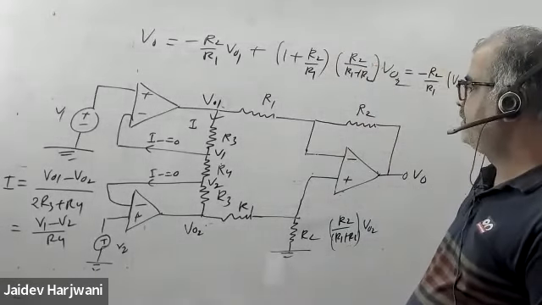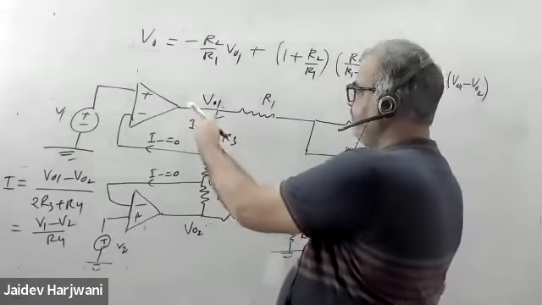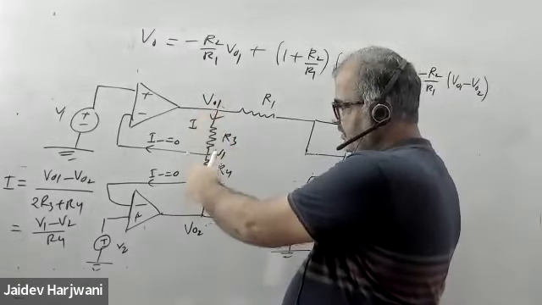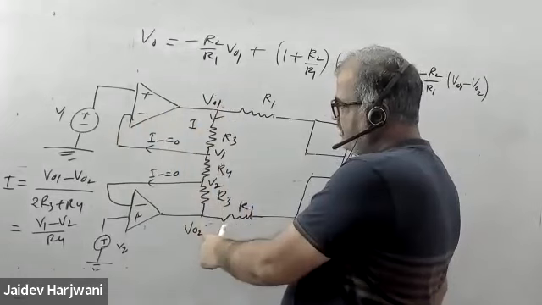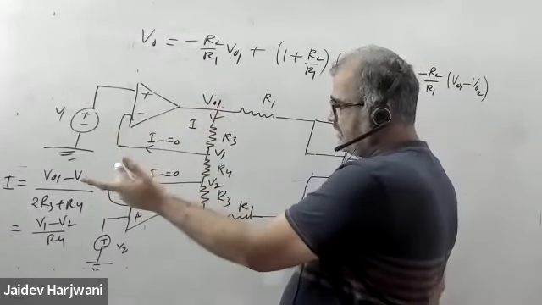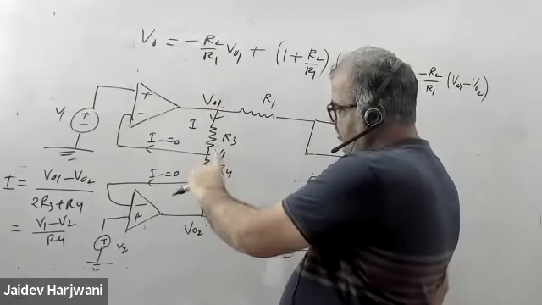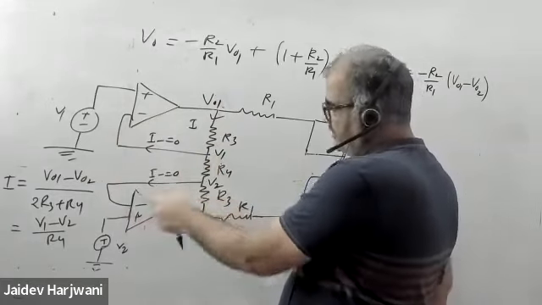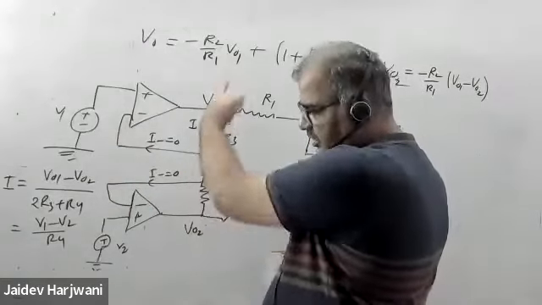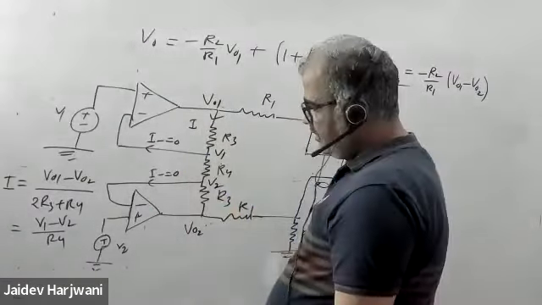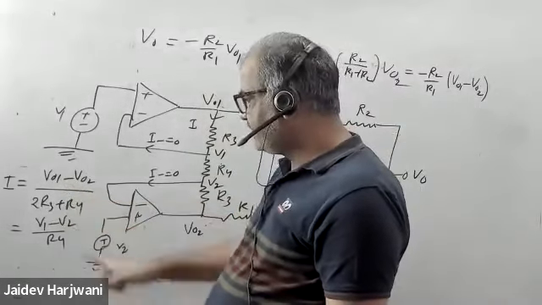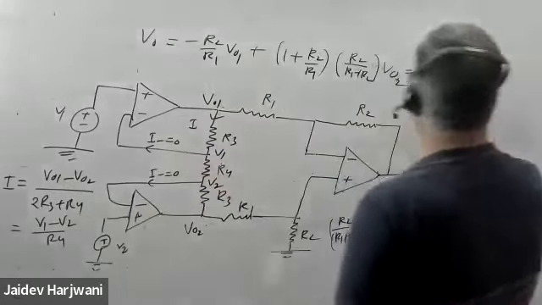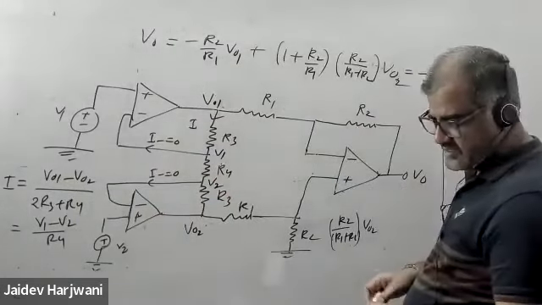In this side no current is going, that means across this resistance you are getting a potential difference and current. Similarly, across this resistance you are getting the same current; there's no division. So from here I can find the relation between V01 and V02 in terms of V1 minus V2.